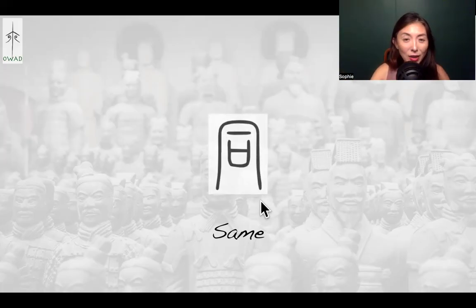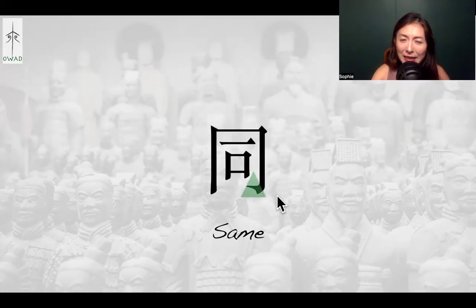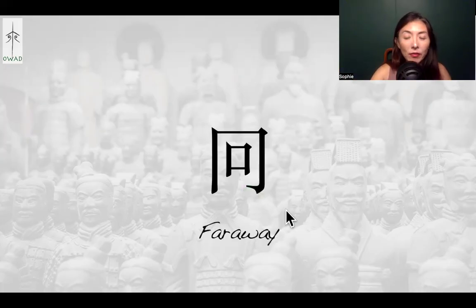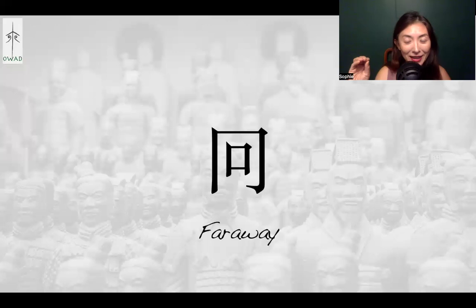It's not symmetrical, almost like intentionally made asymmetrical, I guess for the ease of remembering, for recognition, for writing. So this hook is totally not there. It's later added. Now we remove that horizontal line and it became, well, it means far away.